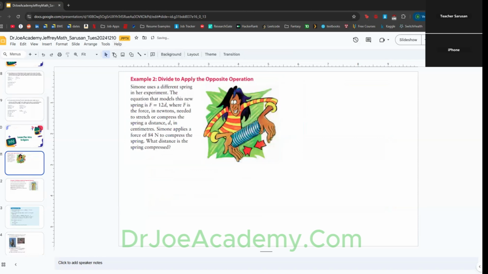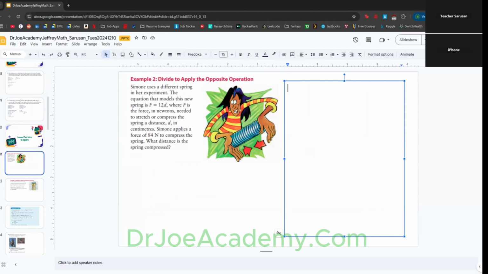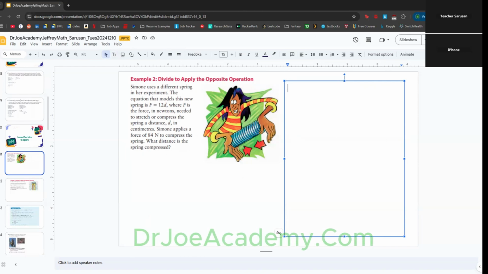So what do we know so far about this question? So F is in newtons. I'm confused what it means by F equals 12. Oh, that's distance. Oh, never mind.